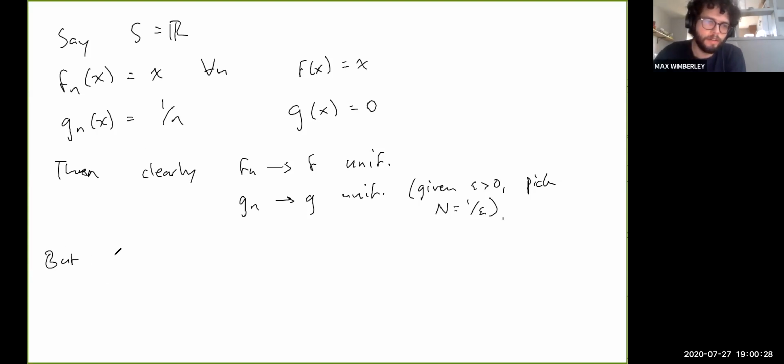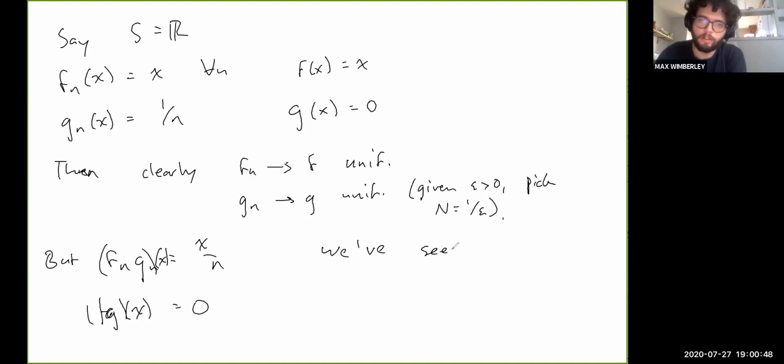But fn gn of x is x over n, and fg of x is 0. And I believe I assigned as a homework problem that x over n does not converge to 0 uniformly. The convergence is not uniform.